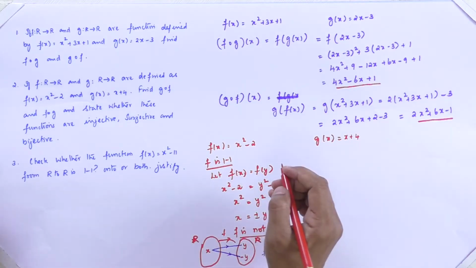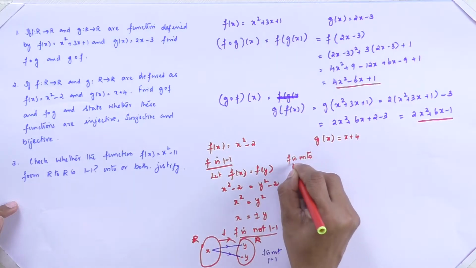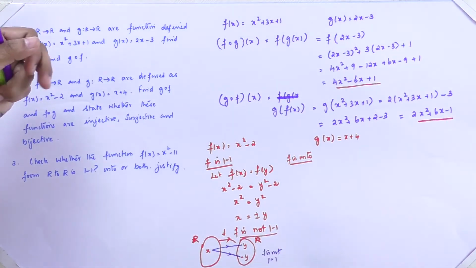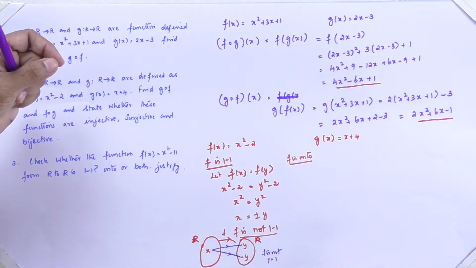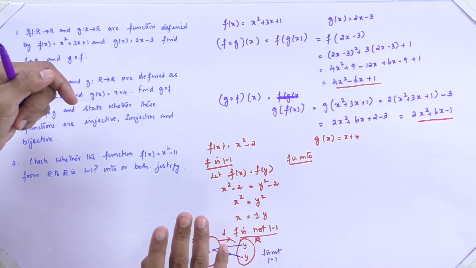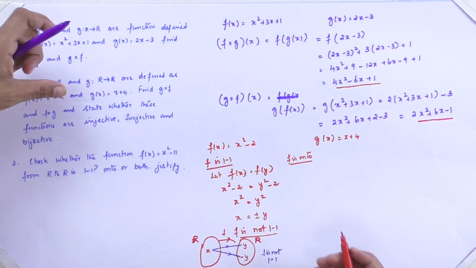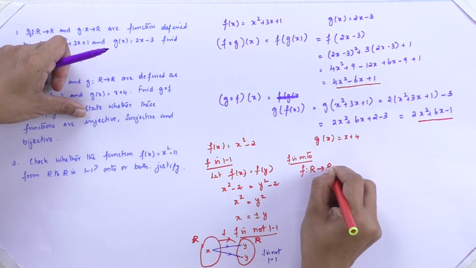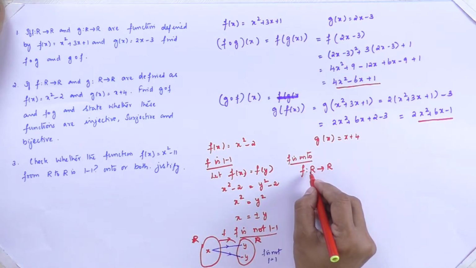Next is to check whether f is onto or not. For onto, how have we defined the onto function? For every element y in the codomain, there should exist an element x in the domain such that f of x is equal to y. The function is from the set of all real numbers to real numbers, where this is my codomain and this is my domain.